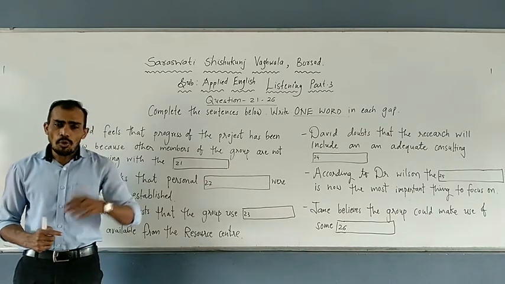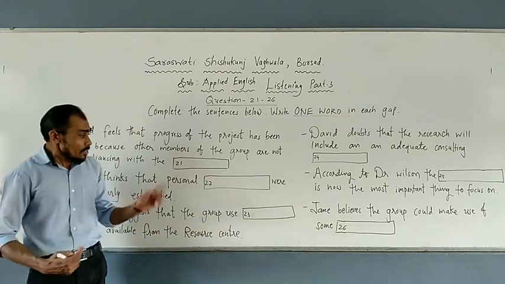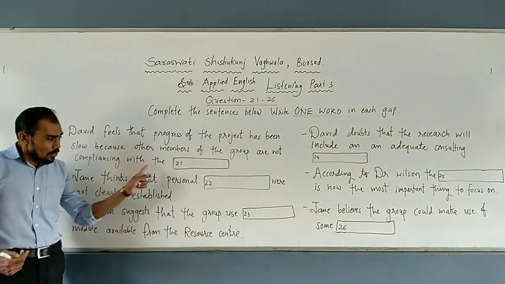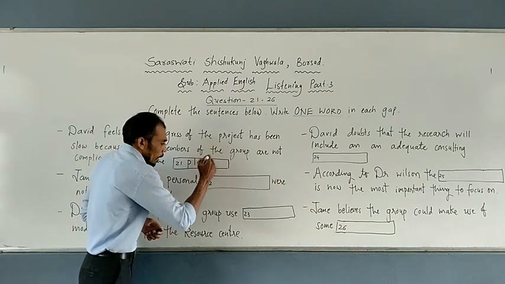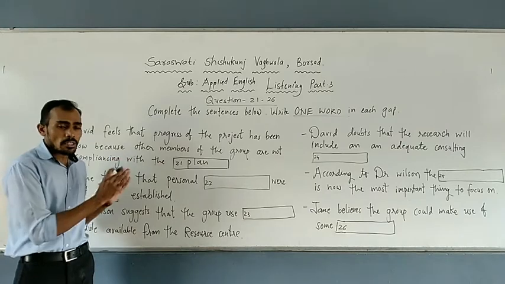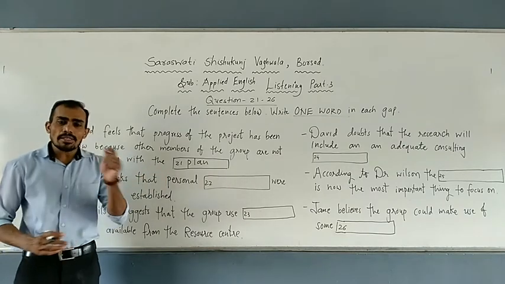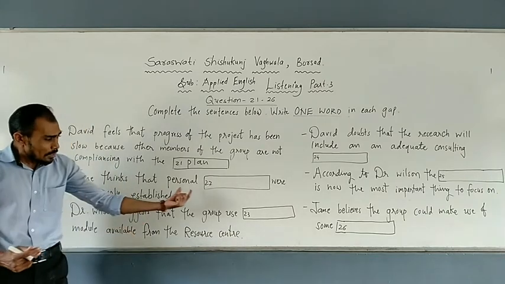That means the group was not collaborating, there was no cooperation. What is the answer? The answer is plan. What plan? The project plan. The answer is plan. As we move further, students, question number 22.